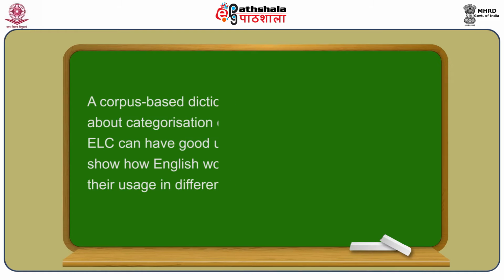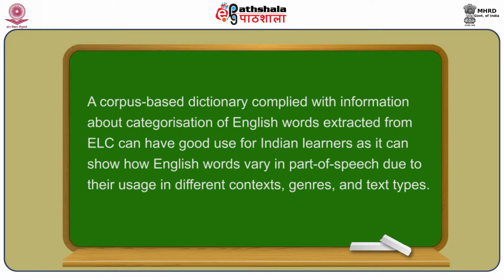Now if we have a corpus based dictionary, that is far more powerful to the learners, because in corpus based dictionaries, which we discuss in subsequent modules, we can note that the references given are only usage based examples.